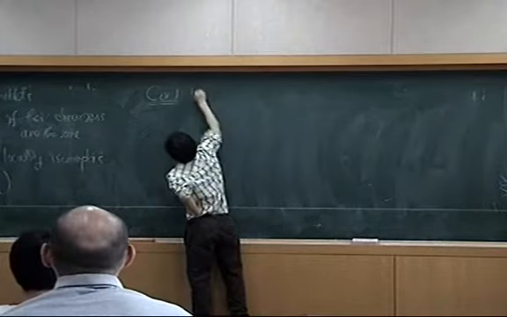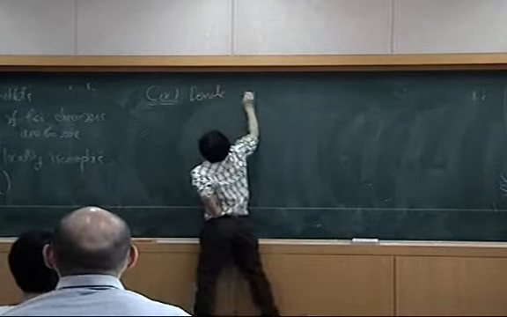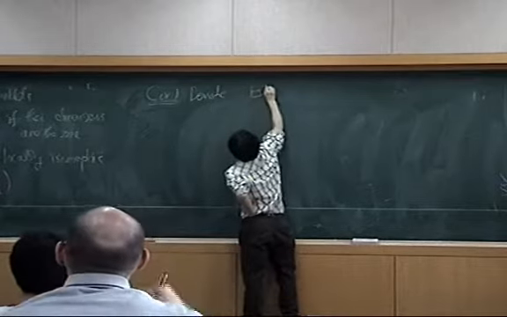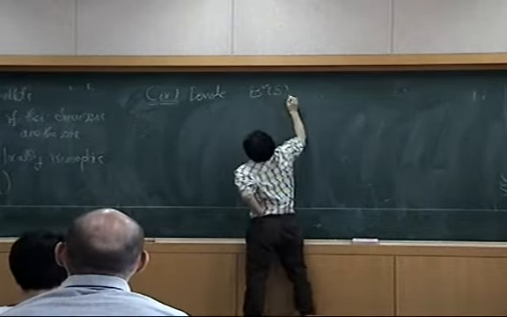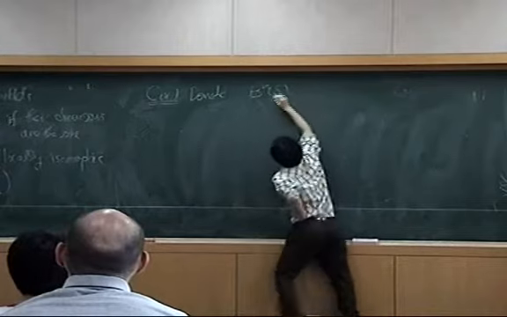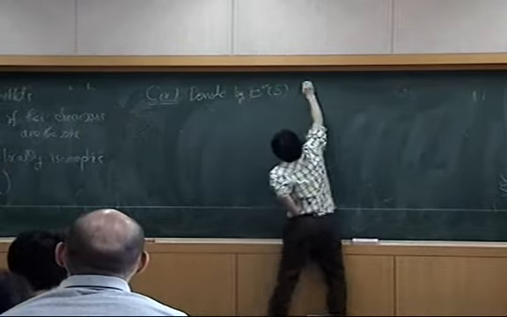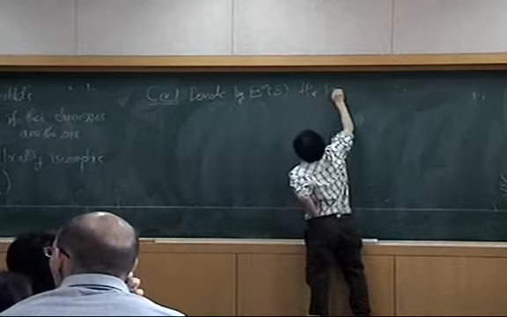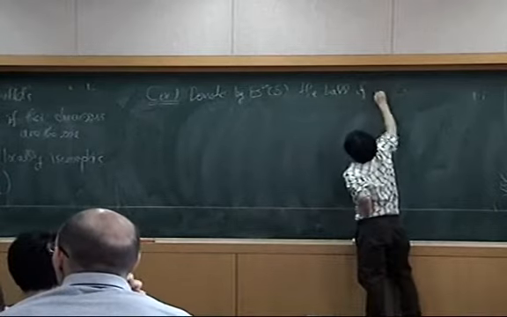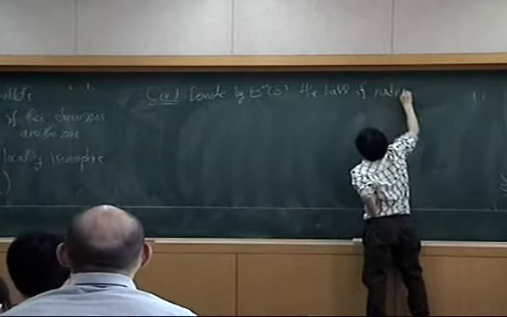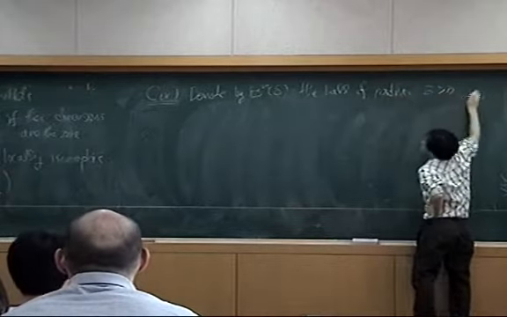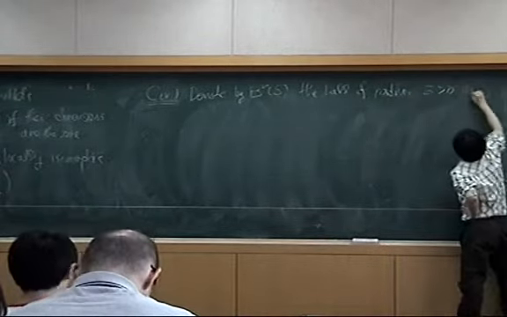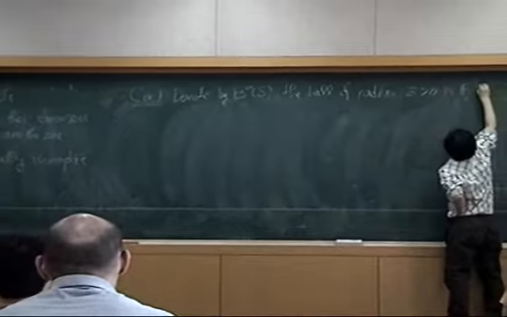Let me denote by B^{2n}_delta the ball of radius delta in Euclidean space.